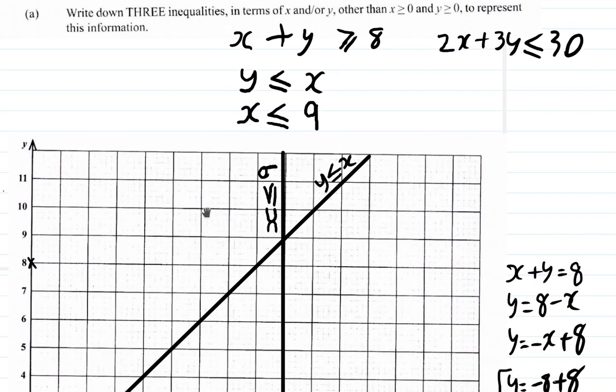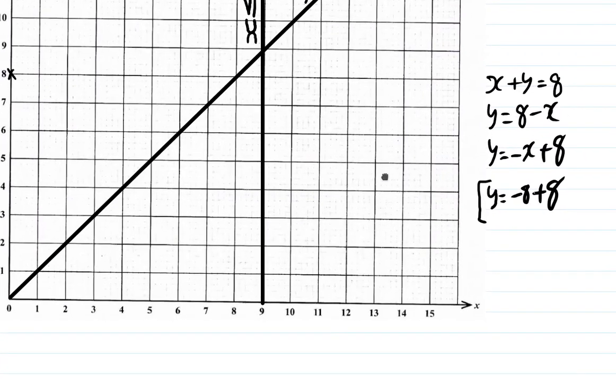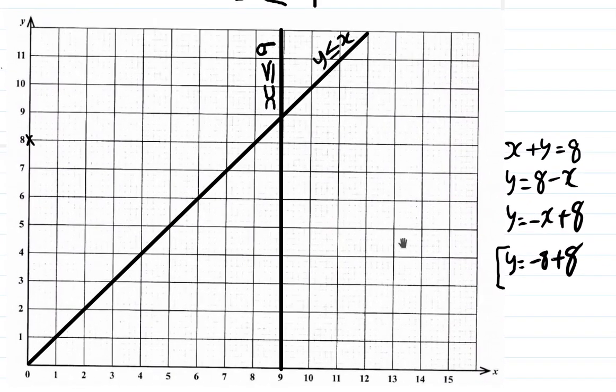So here, go ahead. Alright, did you make an attempt at drawing all 4 lines? Let us continue what we are doing. So, negative 8 plus 8 is what? 0. Y equals 0.